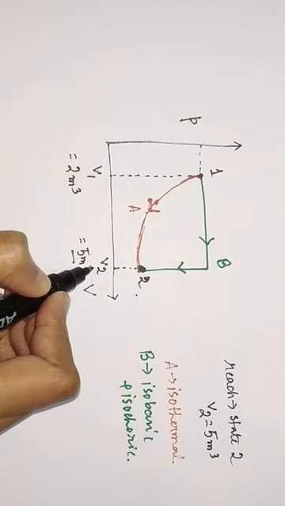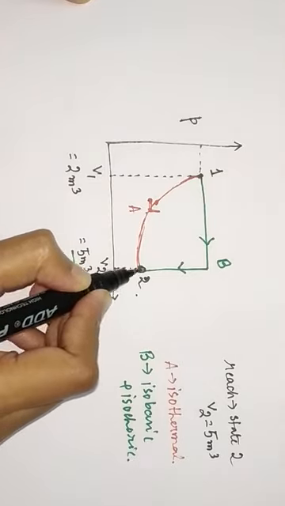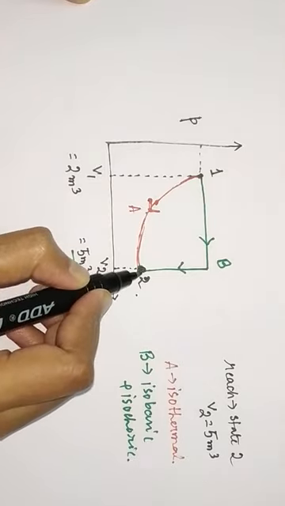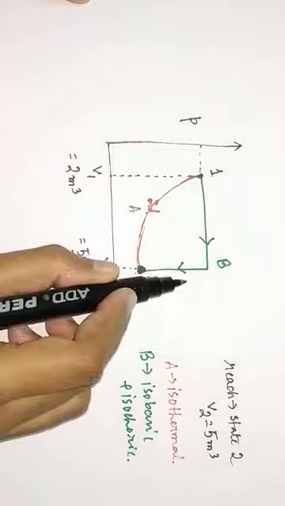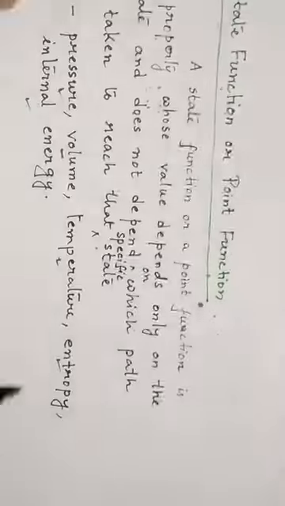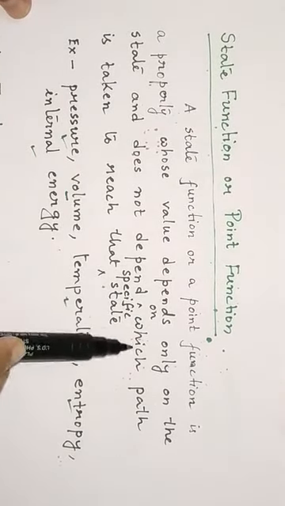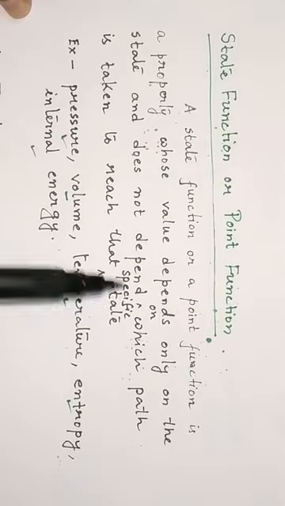So the volume V2 equals 5 meter cube, this value depends only on the state 2. It does not depend on which path is taken to reach that state. So for the second part of the definition, you see its value does not depend on which path is taken to reach that specific state.